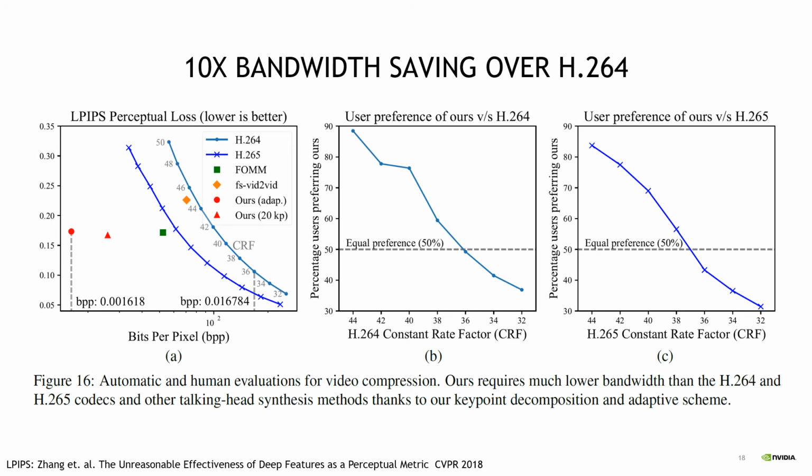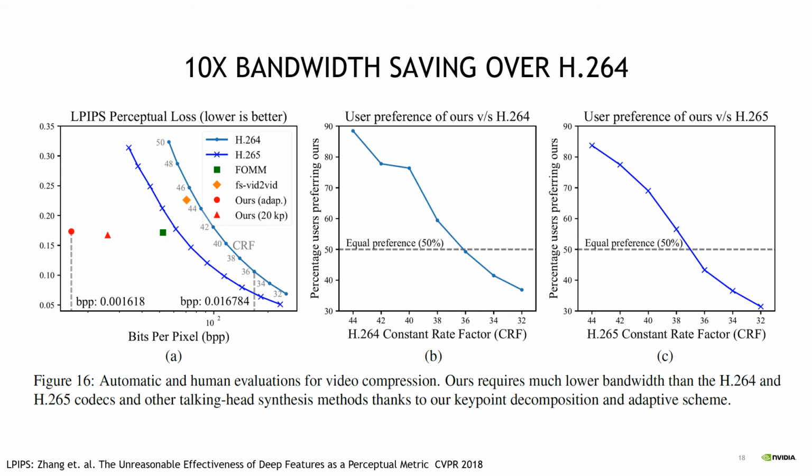We also conduct a user study to compare video quality produced by H264 and ours. We do an A/B test and ask a bunch of Mechanical Turkers to choose which one better reproduces the input video, and this is the preference score.